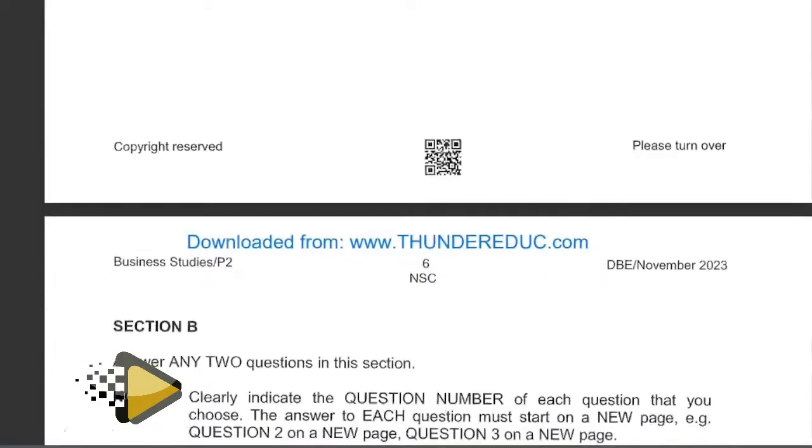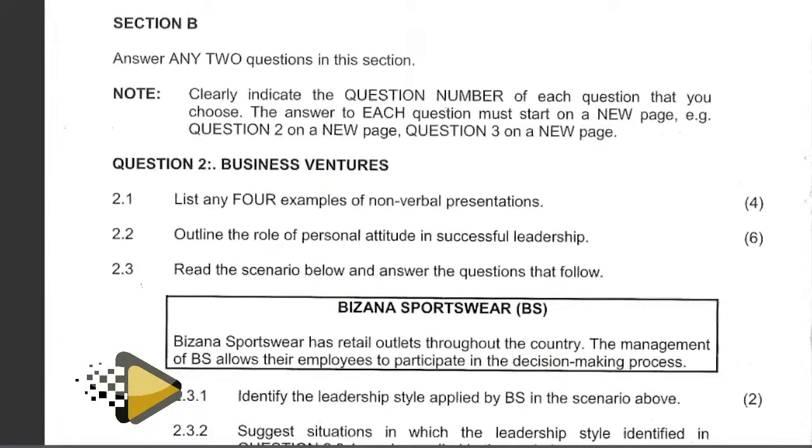Okay, right. So now we are moving on to the next section, which is section B. So now in this section, as I said earlier, you are expected to select two questions, and after selecting two questions, make sure that the questions you have selected, you understand them.